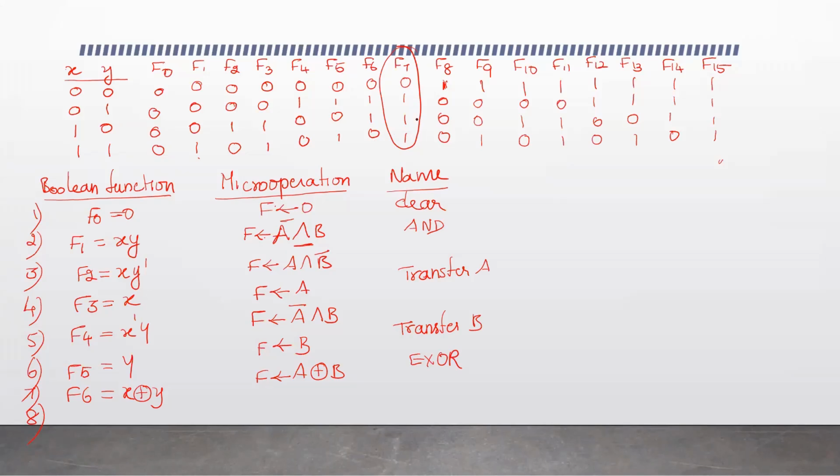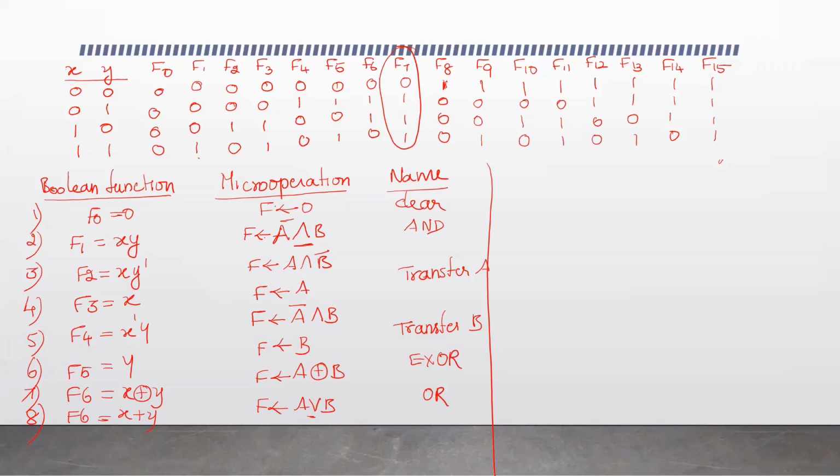The result is 0 only when both the bits are 0. So the operation performed is OR. In Boolean function plus represents OR. So we write it this way, and here it is F is A or B, not plus here. The OR operation, the symbol is this. So the operation performed is OR.